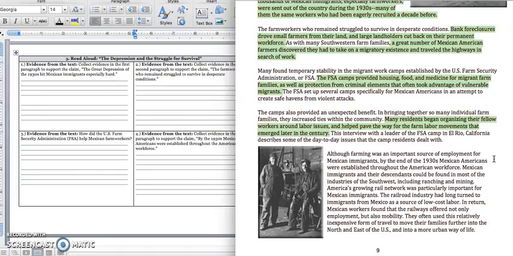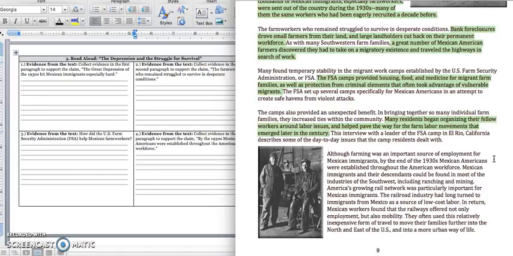The railroad industry had long turned to immigrants from Mexico as a source of low-cost labor. In return, Mexican workers found that the railways offered not only employment but also mobility. They often used this relatively inexpensive form of travel to move their families further into the north and east of the U.S. and into a more urban way of life.